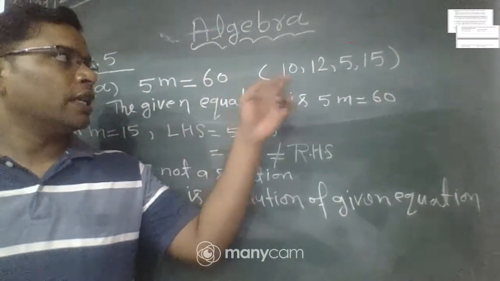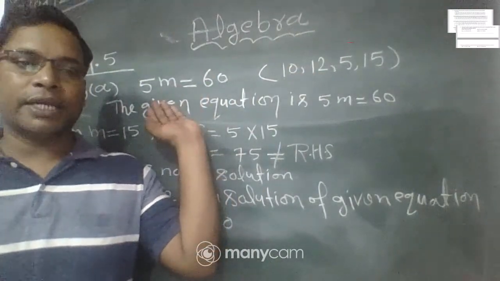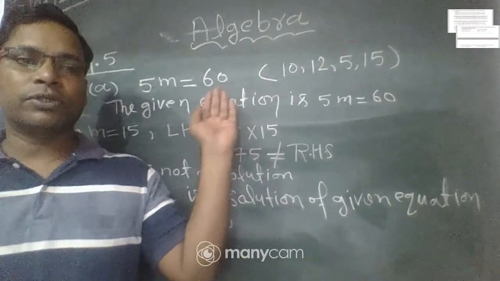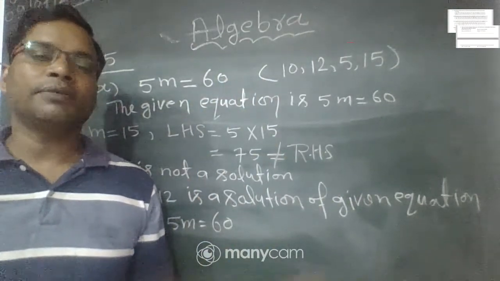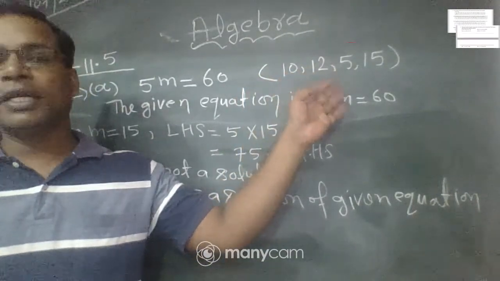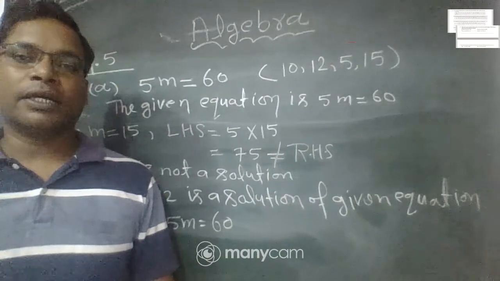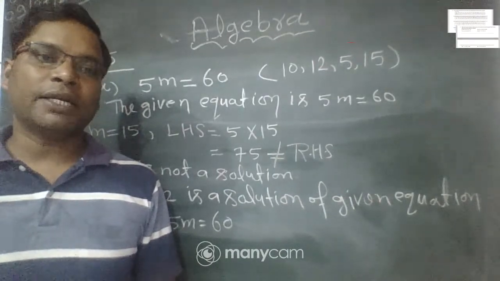If m is equal to 12, then the left hand side is equal to the right hand side. So we can say m is equal to 12 is the solution of the given equation, and the other numbers 10, 5 and 15 are not solutions. So let's see part B of this question.